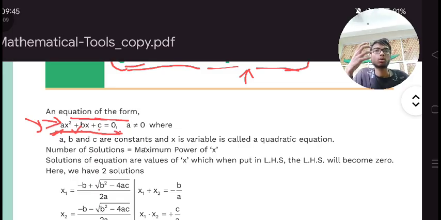a, b, c are constants and x is a variable in a quadratic equation. The number of solutions is equal to the maximum power of x. So what is the maximum power of x? 2. So it is telling you the number of solutions would be 2. If the maximum power of the x variable is 2, then you will see two roots coming.